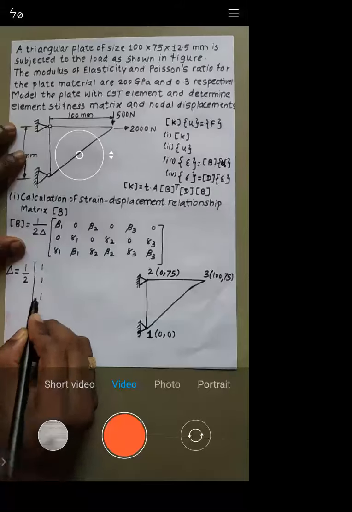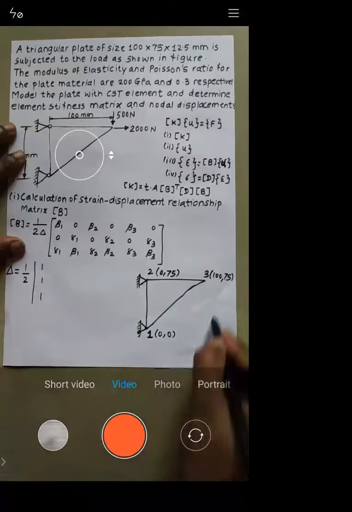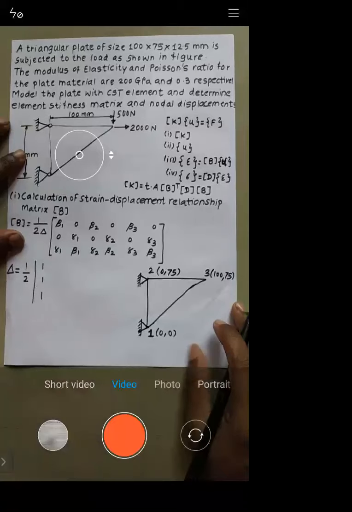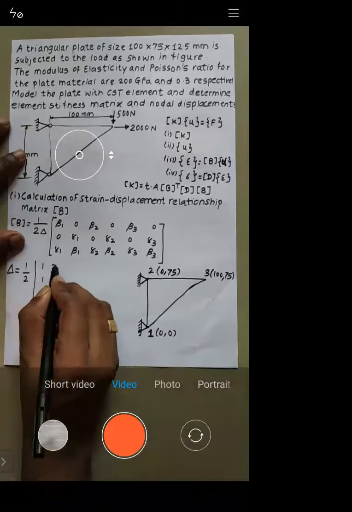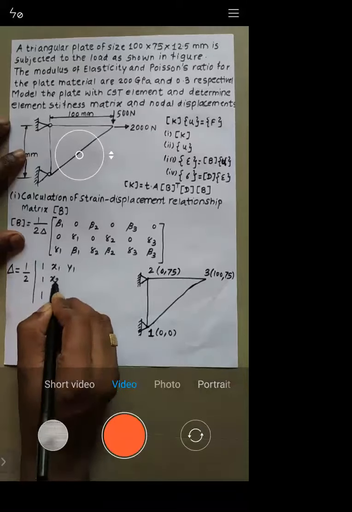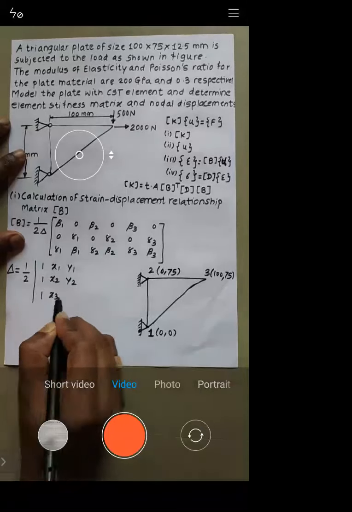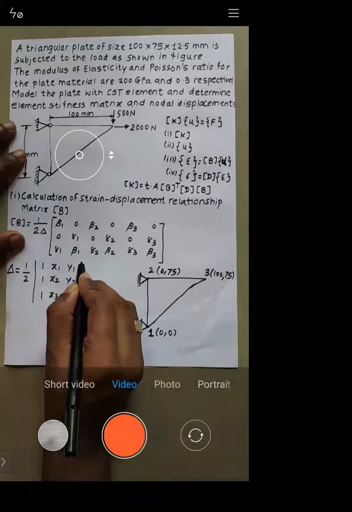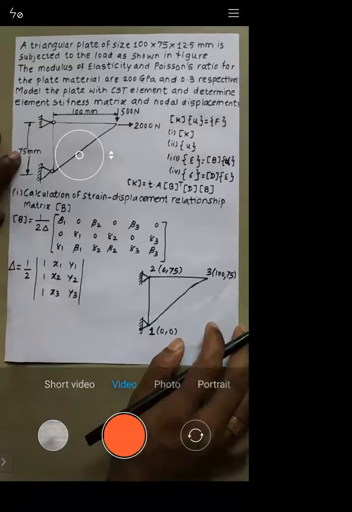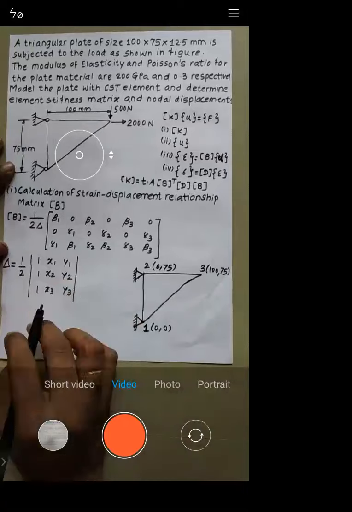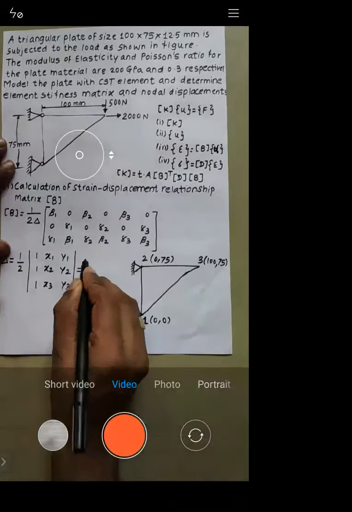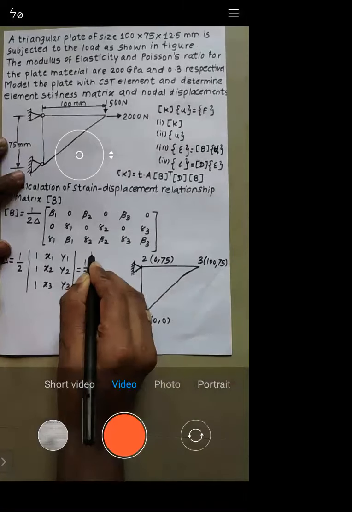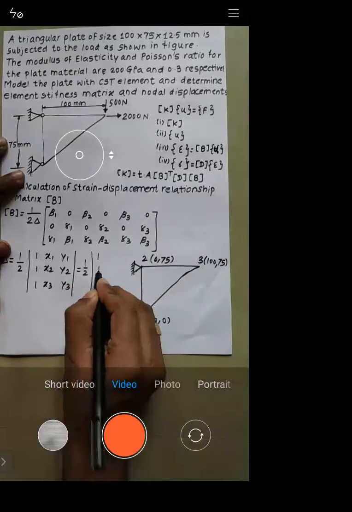We need to calculate the area for this triangle, so we need to write down its coordinates: X1, Y1, X2, Y2, and X3, Y3. So this is the determinant with rows 1, x1, y1; 1, x2, y2; 1, x3, y3. I will write this as half into the determinant.